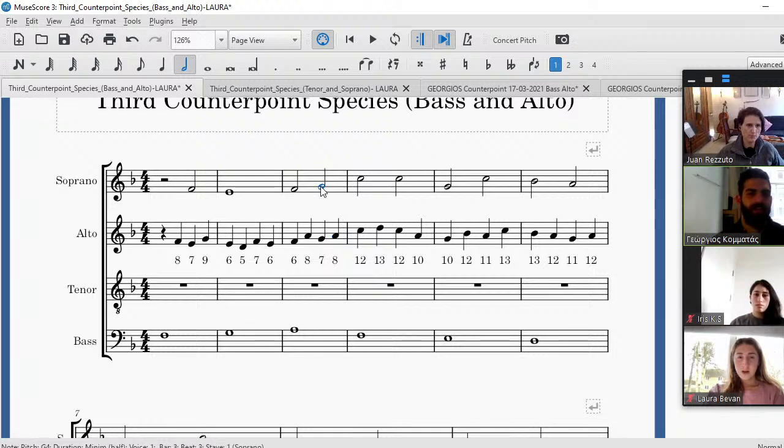So you're supposed to use a passing note. Passing to where? That's why, when you're dealing with the third species, you have to think about the previous species as well.